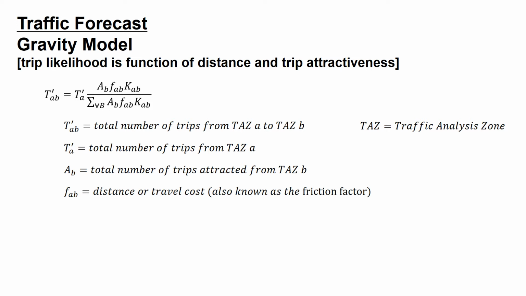A lot of times the value we use for that is 1 over the travel time from zone A to B. And then we have a socio-economic factor, a parameter that is going to help us balance the results. What it's doing is helping us measure the relationship and the likelihood between these two zones, A and B.